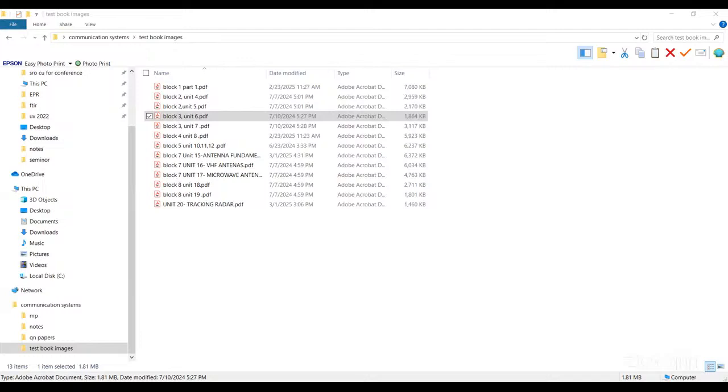Next, we will see the scattering matrix S of the directional coupler. In the scattering matrix S of the directional coupler, I am taking a 4 by 4 matrix. How will we write S of ij? I is 1, J is the port. Suppose I write S12: first port, second line.